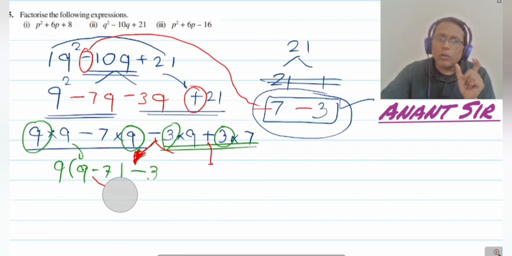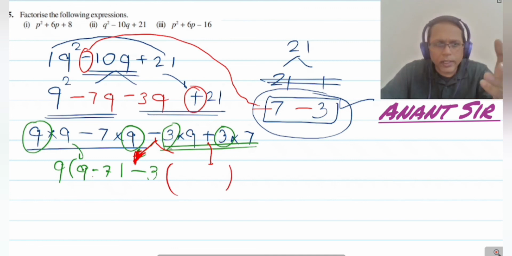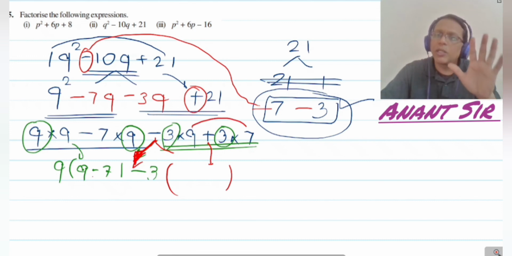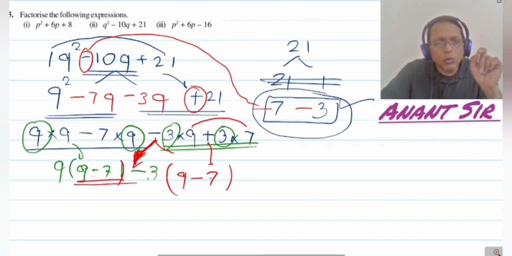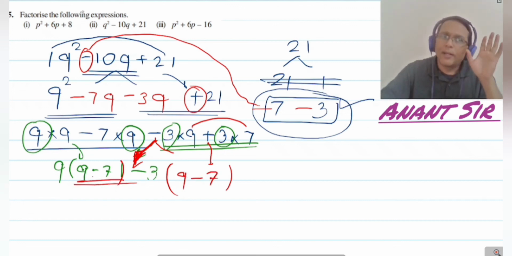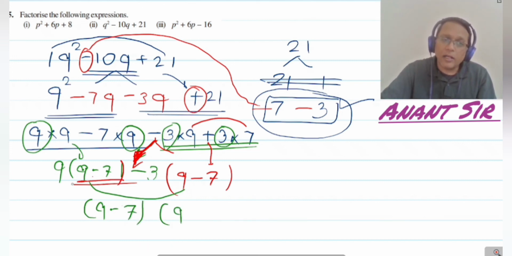So when you take 3 common, what was the sign of that 3? Minus. What remains in the bracket? You can see q plus 7. But just look at what is there in the first bracket. You can see it's q minus 7. So just give that sign there. Do the magic. Now we have the two brackets same. So write that bracket once, so we have q minus 7 as the first bracket and the terms which are outside in the second bracket, q minus 3.